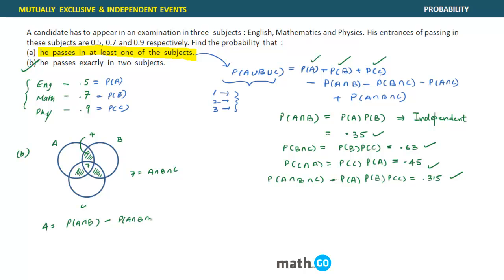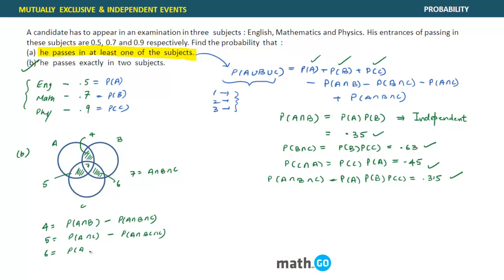This is the shaded region that you want, the fourth region. Then let me call this region 5. So what will region 5 be? Yes, probability A intersection C minus this particular region again, right? And let me call this region 6.